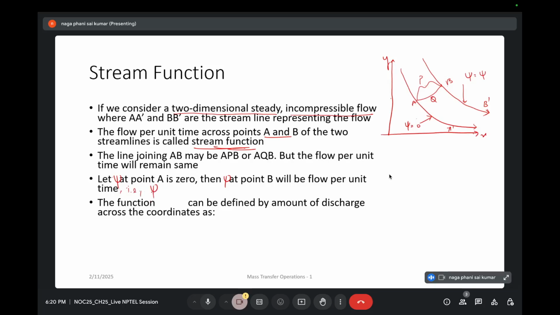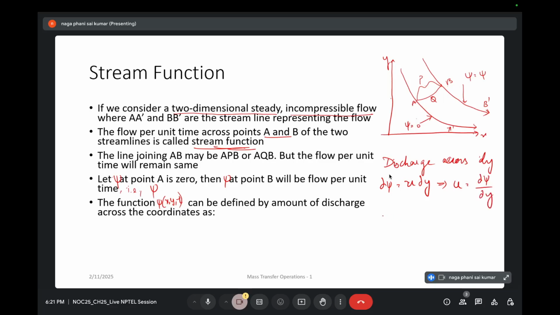The function phi, which is a function of x, y and t, can be defined by the amount of discharge across the coordinates. Across dy, it can be written as dou phi is equal to u into dou y. So u is equal to dou phi by dou y.